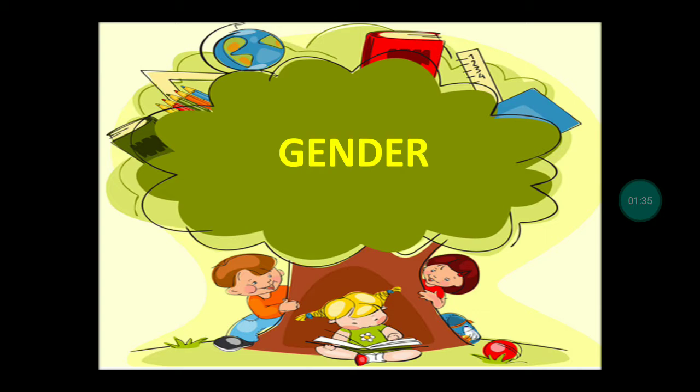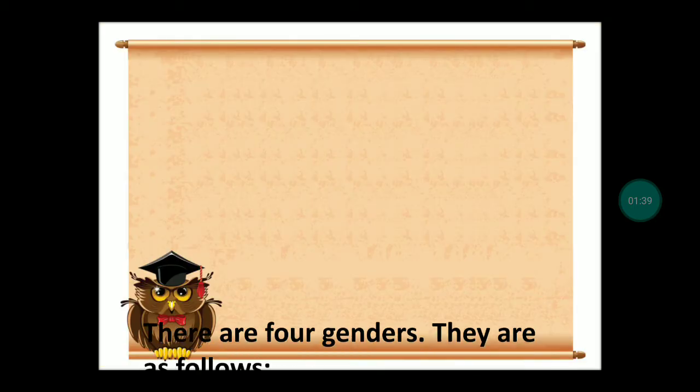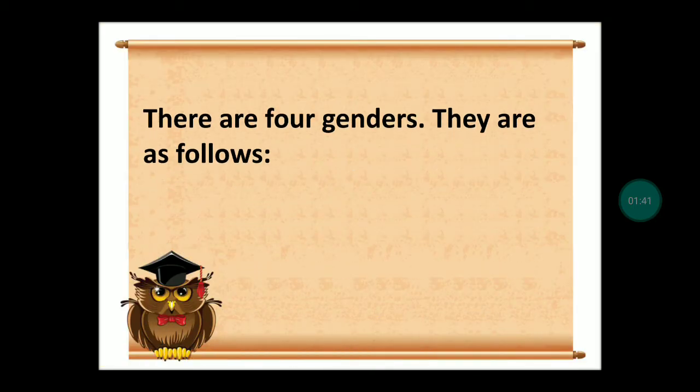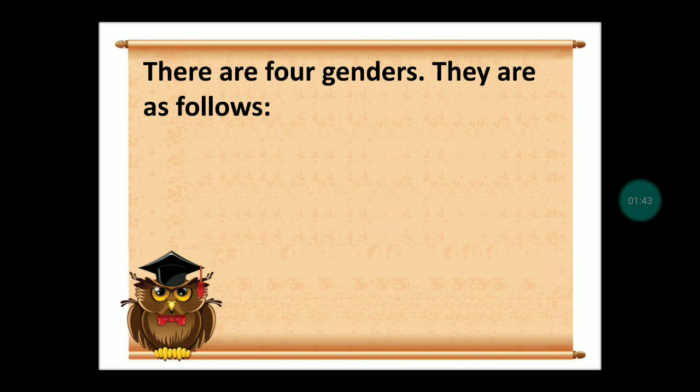Now let's start with gender. There are how many kinds of gender? 4. There are 4 kinds of genders, and they are as follows.